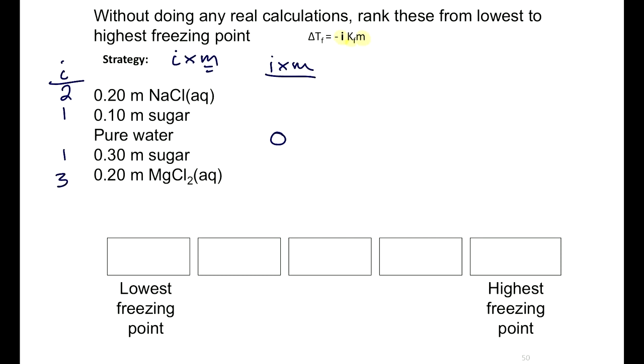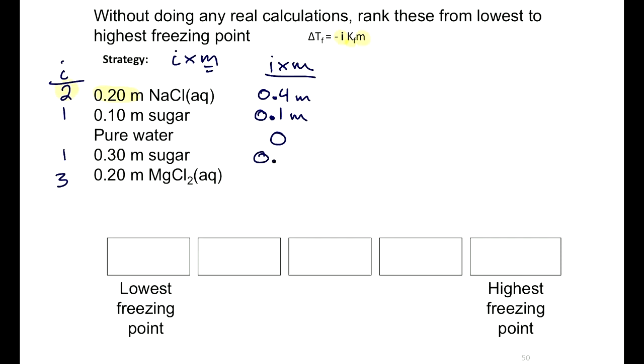Now we just need to take that I value, multiply it by the molality given to now compare the products of those two. All right, so I'm just multiplying I, that we just did, times the molality, and I'm going to put the product on the other side. So we got 0.4 molality of particles present in that first solution, 0.1 molality of sugar solution.